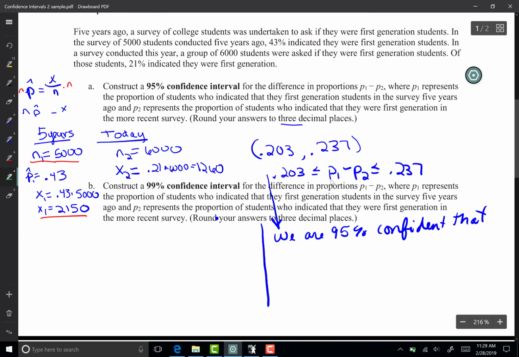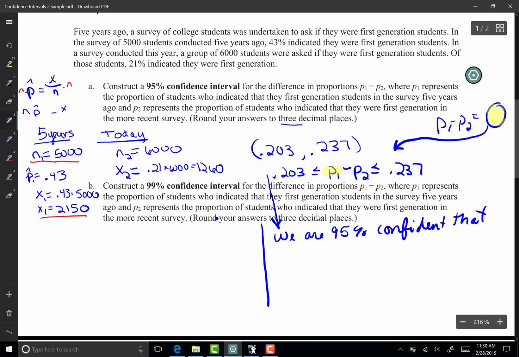That's because remember what we're estimating here is if we subtract these two, we're estimating that this number falls in this interval. So they're positive, so that means that P1 is larger. You're not estimating what P1 is and what P2 is. You're estimating what this difference is.